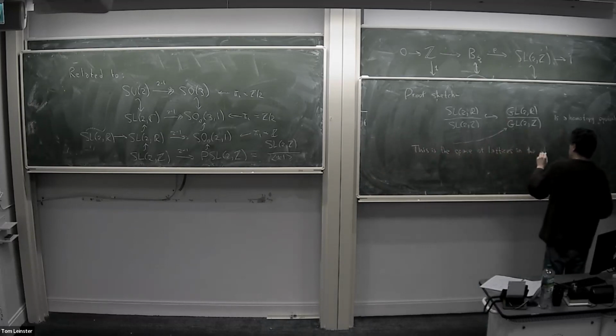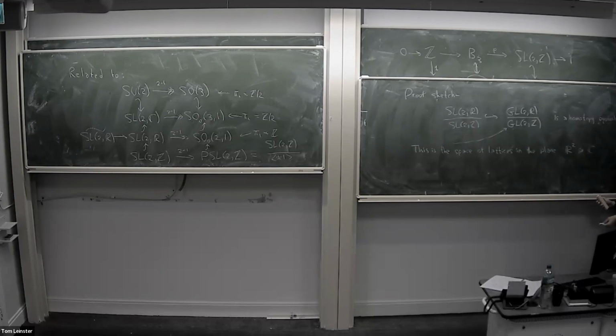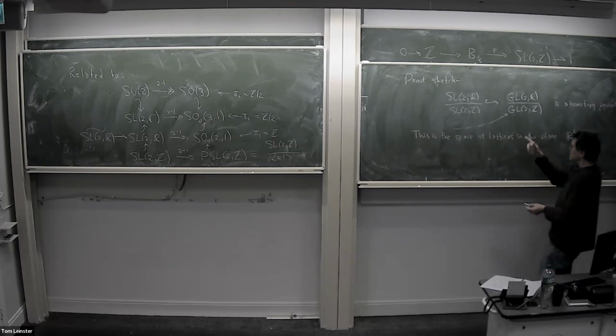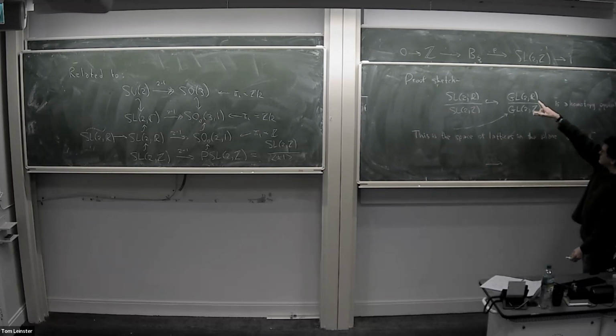And I'm going to switch between thinking of the plane as R2, which is how we should start out thinking of it, and later on in a minute, I'll start thinking of it as a complex plane. But the idea is that I can get a lattice in the plane from an element of GL2R.